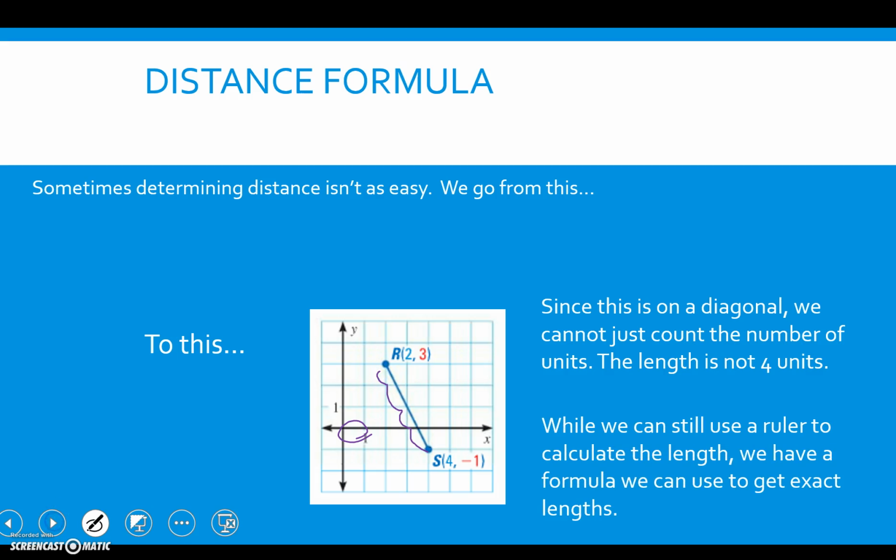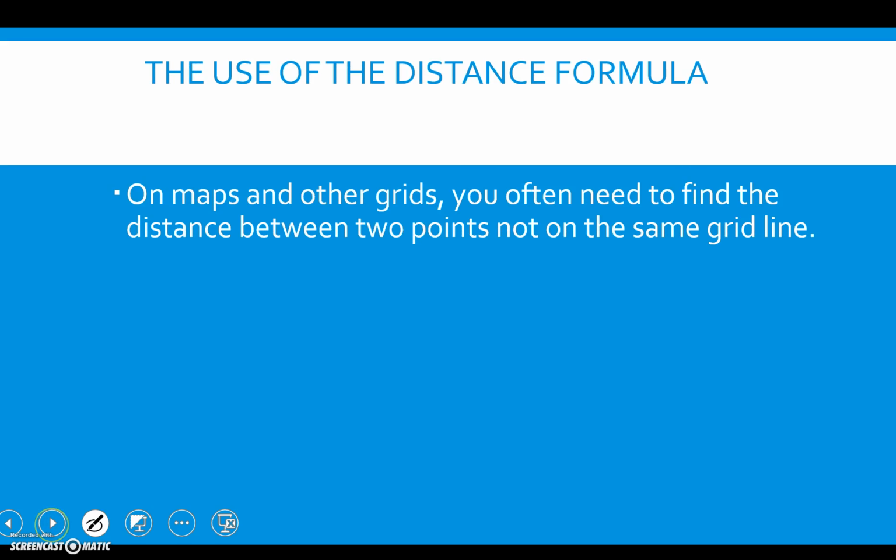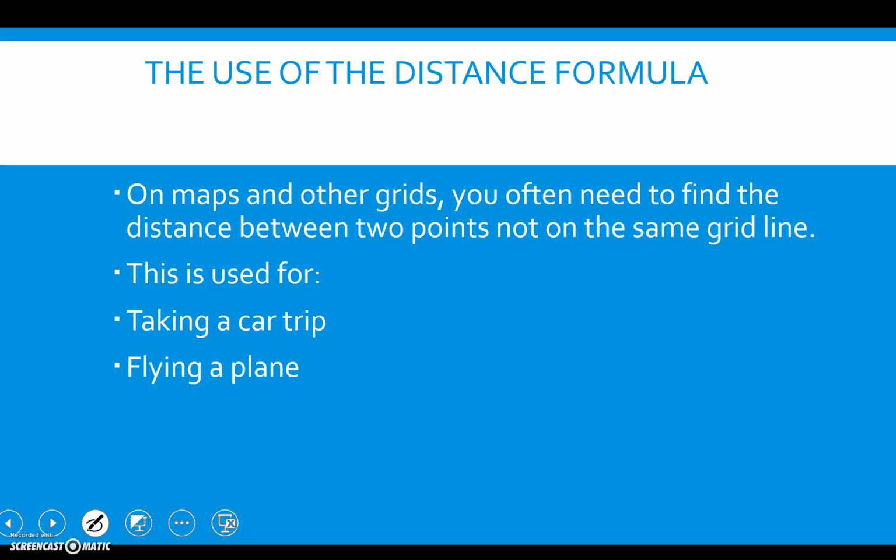So we have ourselves a different formula that's going to help us out with that, and that's called the distance formula. The distance formula can be used on maps and other grids in order to find the distance between 2 points. You can use it on maps like this, such as for taking a car trip. Yes, I realize that things might not be so straight, but if you want to find maybe how long it would take to take a plane, that would be another option.